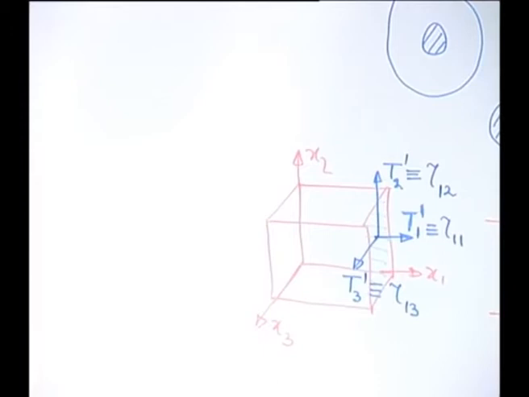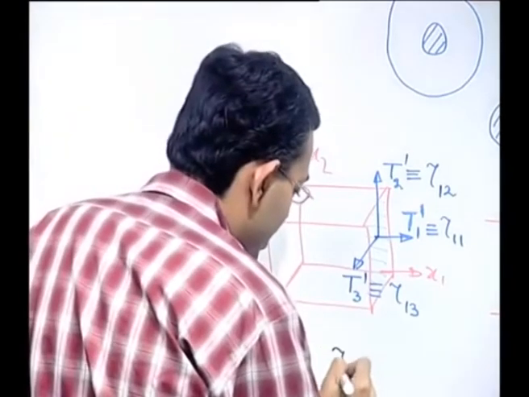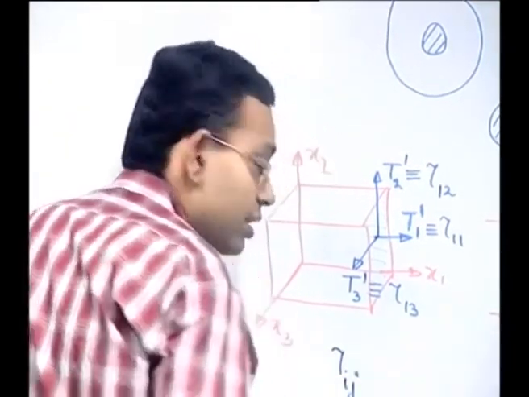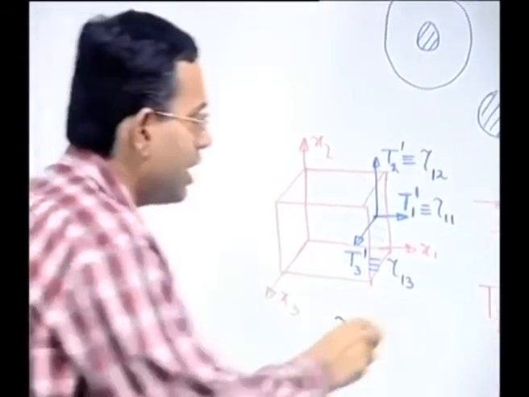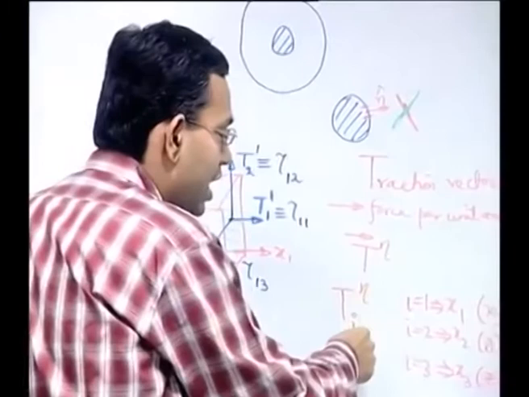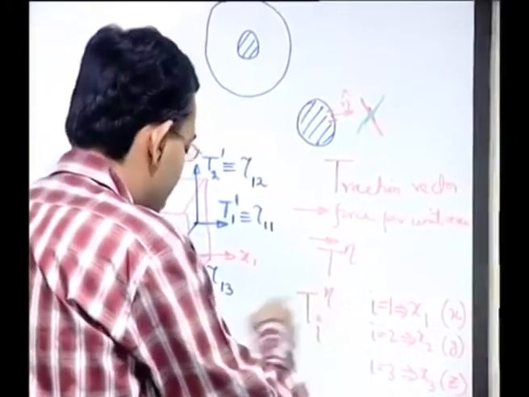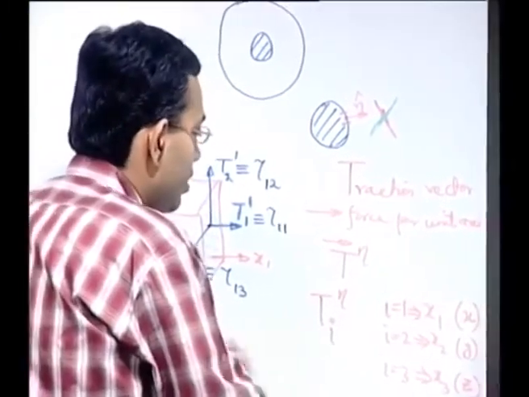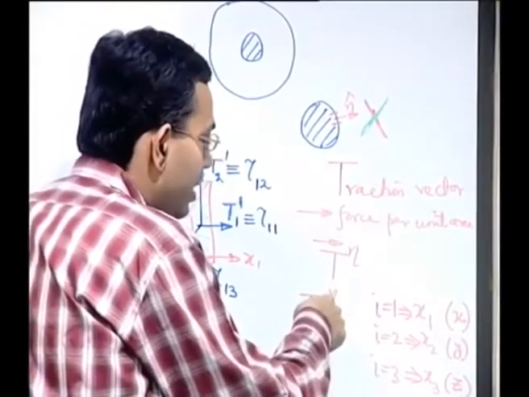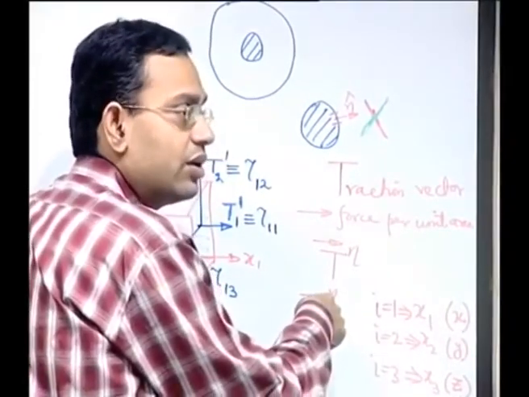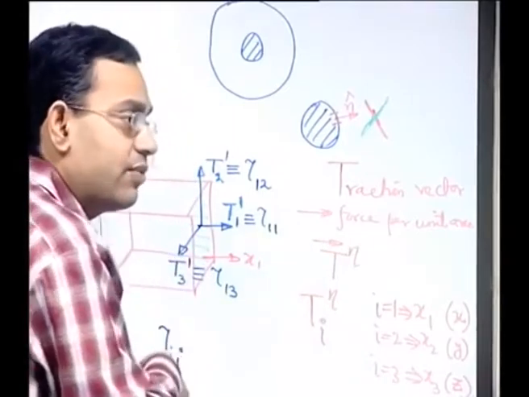So in general, if we call this as tau ij, these two indices are effectively the indices like eta and I, we are replacing eta by j, not for all cases, but only when eta coincides with either x1 or x2 or x3 we can use an index for it.